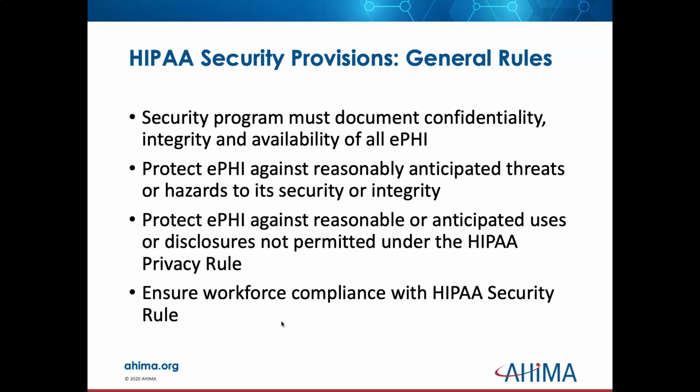Because remember, HIPAA was all about trying to advance the electronic health record, create standards for that, and talk about how all that would play out, even though the privacy piece does cover every type of form of PHI. Here, it's really limiting the discussion to ePHI.